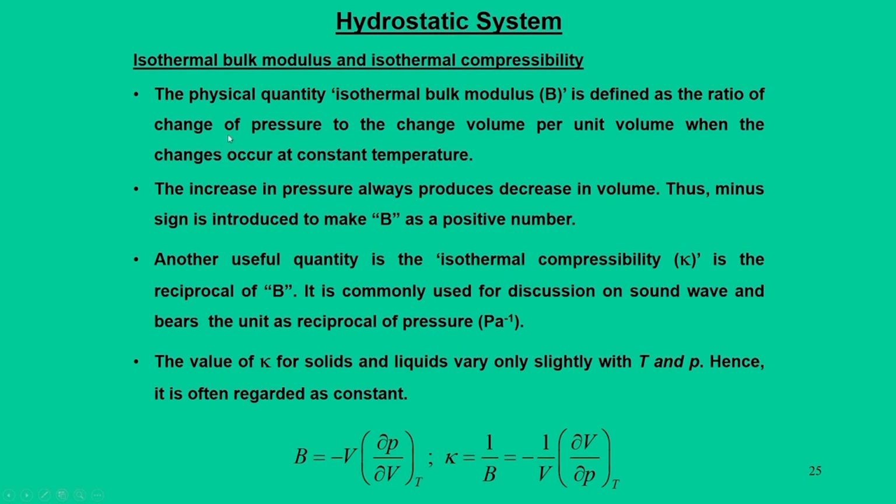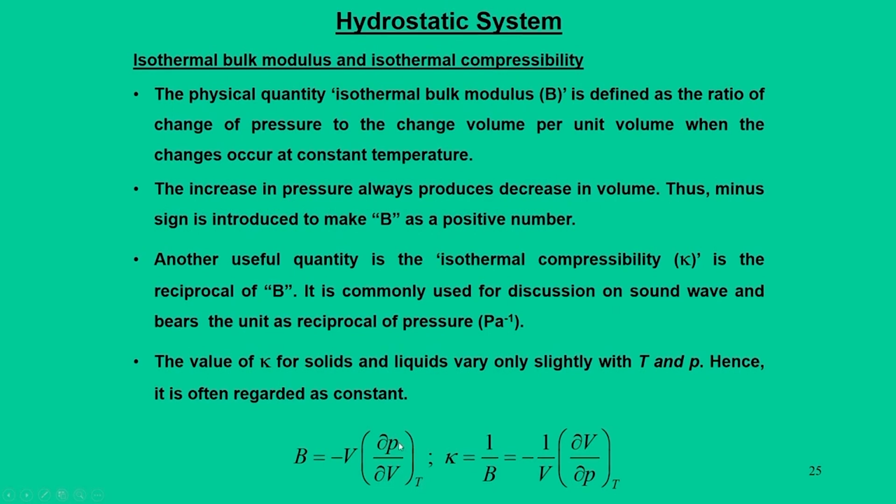The other properties that we are going to discuss are the isothermal bulk modulus and isothermal compressibility. The first quantity, the isothermal bulk modulus B, is defined as the ratio of the change in pressure to the change in volume per unit volume when the change occurs at constant temperature. So, you can write this expression mathematically as B equals minus V into ∂P/∂V at constant temperature.